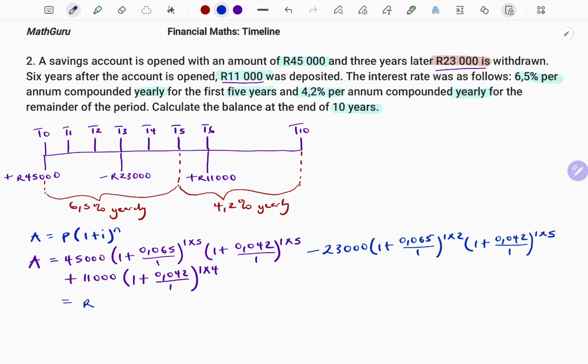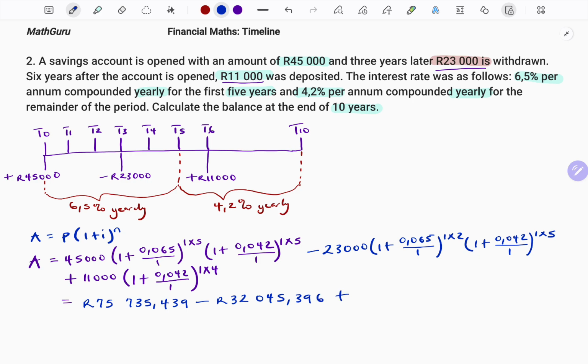I have that as, in rands, 75,735 rand 439 cents. I'm going to round up when I'm done. Minus, for my withdrawal, it will have been 32,045.396 rand.